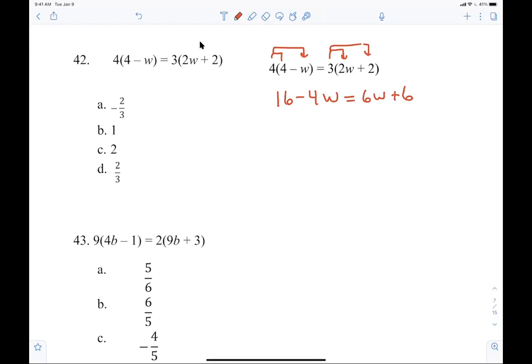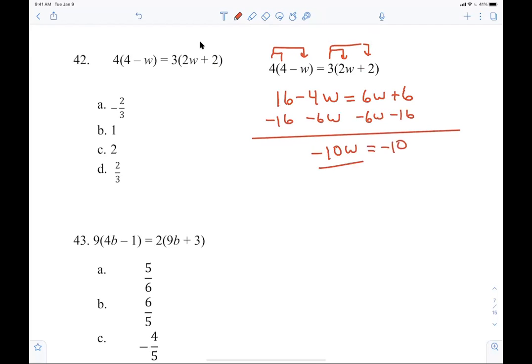Okay. Now what? Minus 16 minus 6w. All right, I'm pretty happy with that.